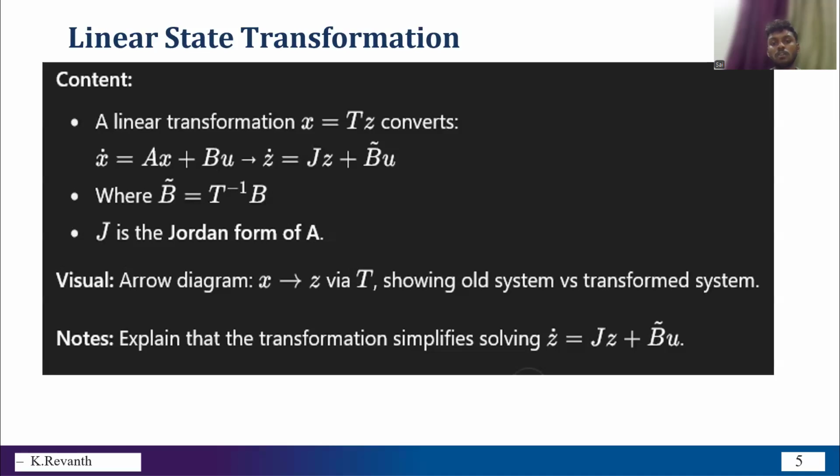Multiplying both sides with T inverse, we obtain z dot equal to T inverse A T z plus T inverse B mu.